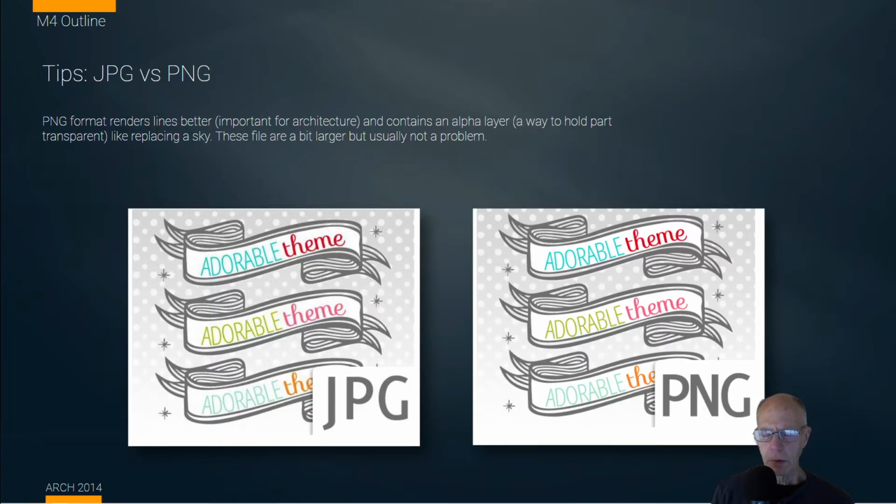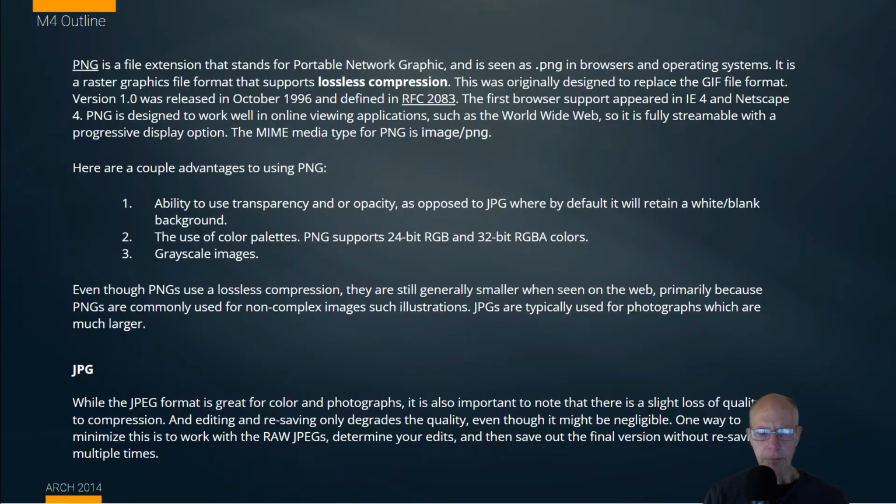But the PNG format has some unique features that benefit us as architects. PNG does a better job of representing lines looking sharper. So if we have mullions, railing lines, all the fine details that we might have in our architectural model, a PNG file will usually look better.